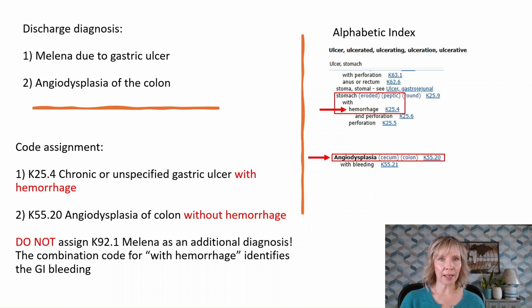Now to code our secondary diagnosis of angiodysplasia of the colon, checking the alphabetic index under main term angiodysplasia, we see that it is followed immediately by the subterm with bleeding.